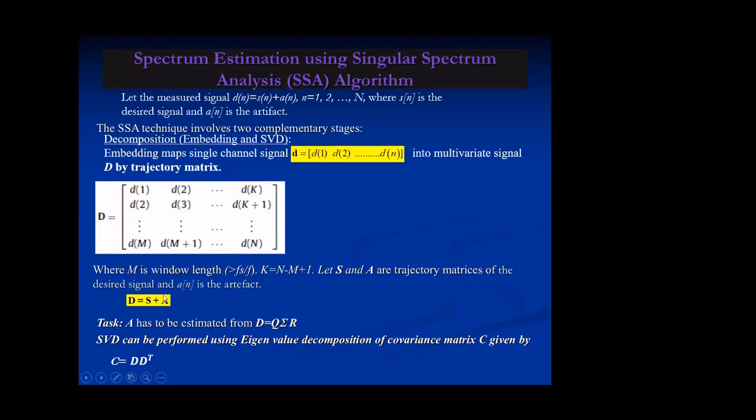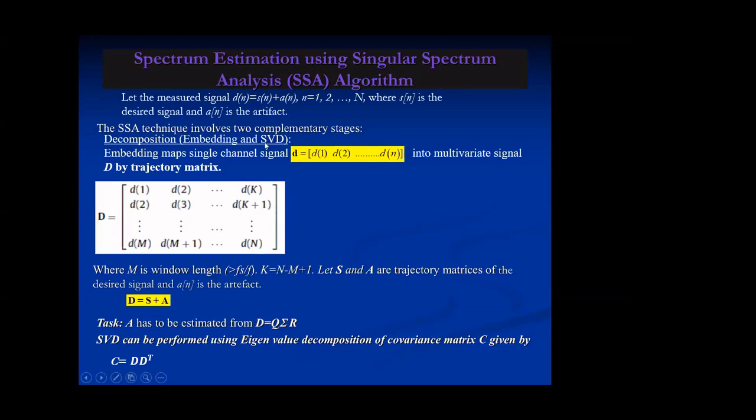So from D, I have to estimate A. Once I know A, from S plus A, I can subtract A to get S. Basically, S is the desired signal. So to get the desired signal S, I will estimate A and subtract it from this D signal, so that S plus A minus A becomes S. In the ideal case, otherwise there will be some error here. So the main task now is to estimate the value of A.